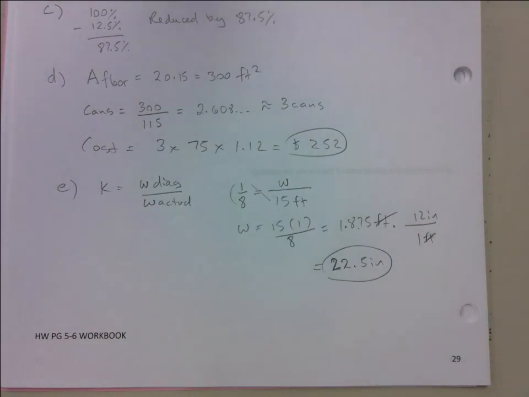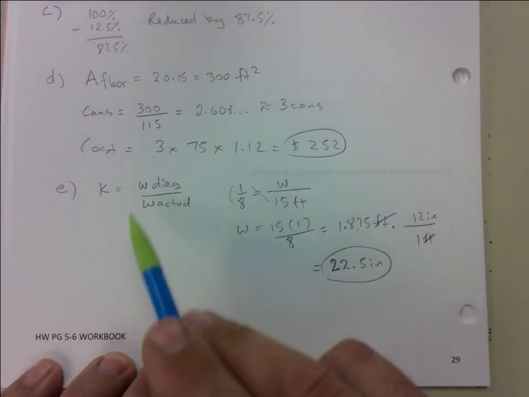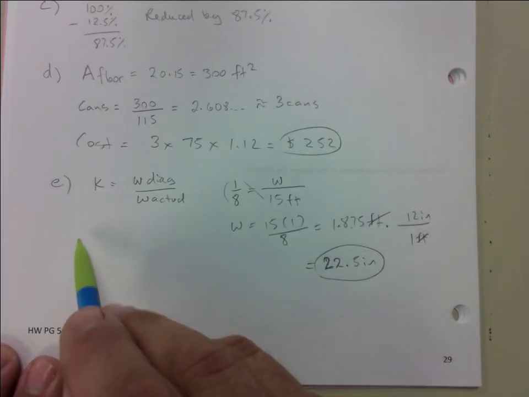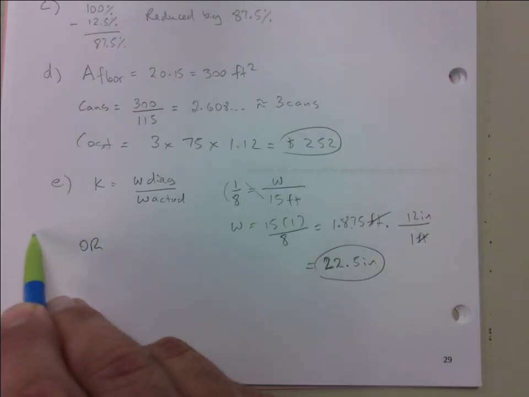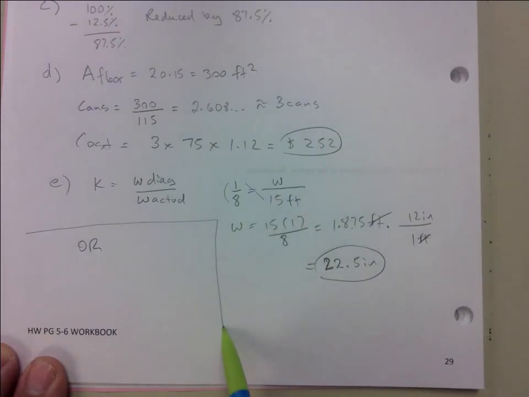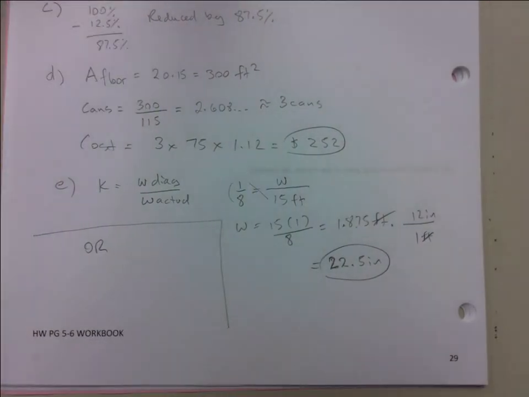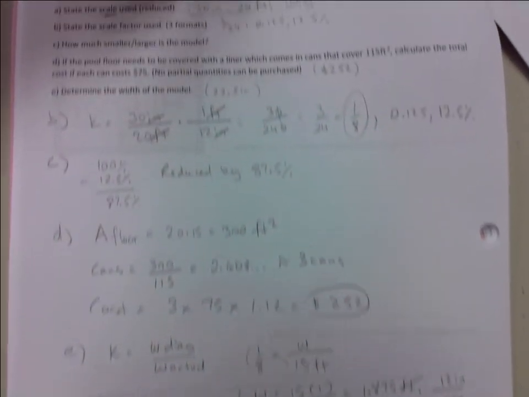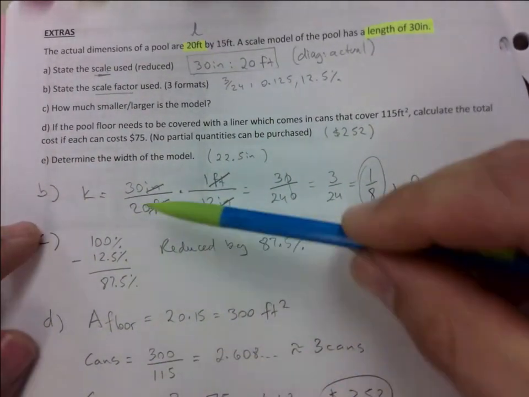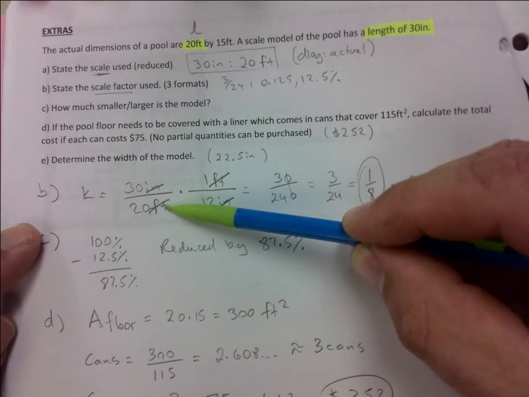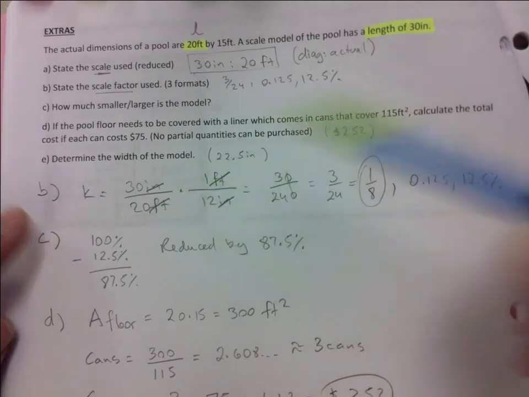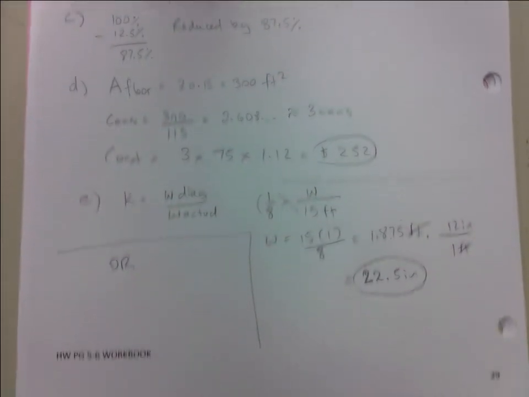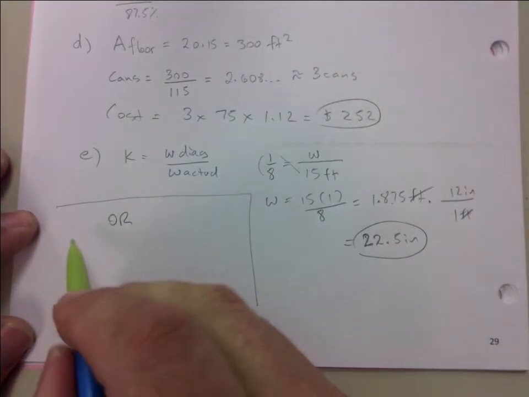I'm going to show you a different way of doing this one, or you can do this on the side here. You could have used, without conversions, this one right here, 30 inches over 20 feet. Sometimes that's faster than having to convert.